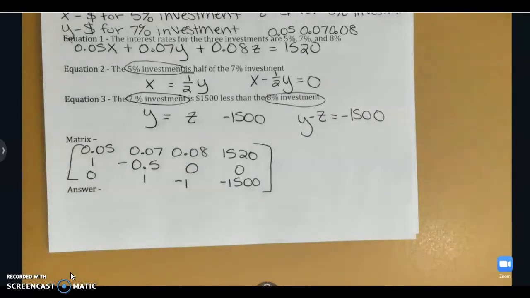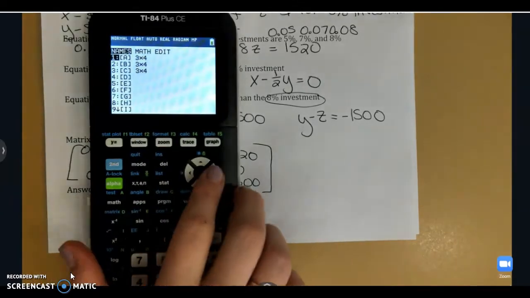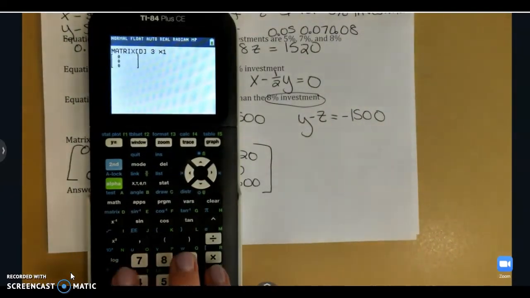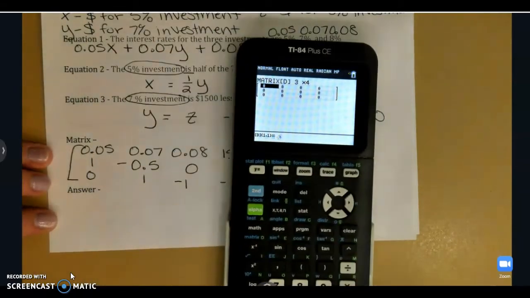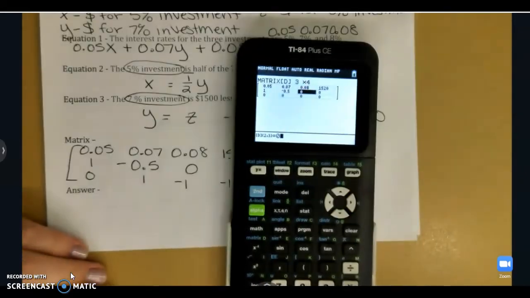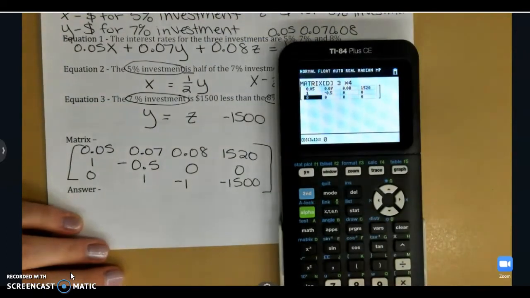Okay, so now let's go into our matrix. I'm going to put this into matrix D just because it's open. So this is a 3x4 matrix. 0.05, 0.07, 0.08, 1520, 1, negative 0.5, 0, 0, 0, 1, negative 1, negative 1,500.